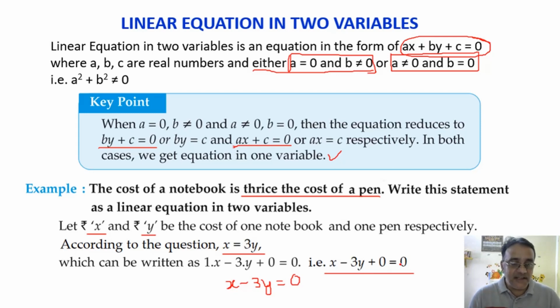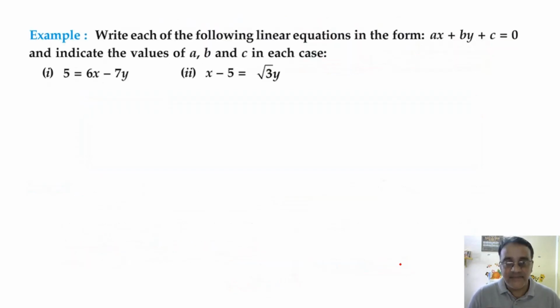So this is the first type of question, and the second type of question is to write the equation in standard form and to find the value of a, b and c. See, we have to write this equation in standard form. So how will you write?